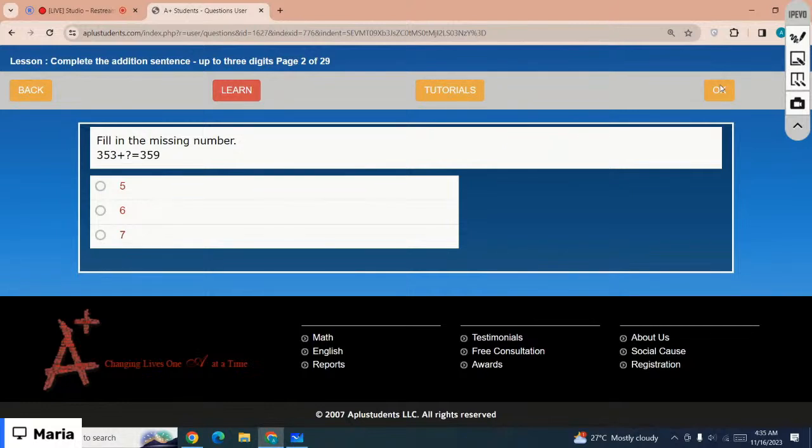The correct option is very good. That would be 6. 353 plus 6 equals 359.